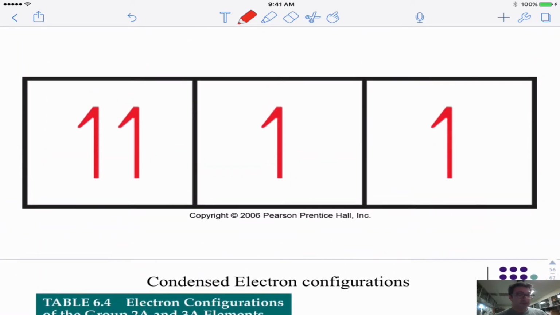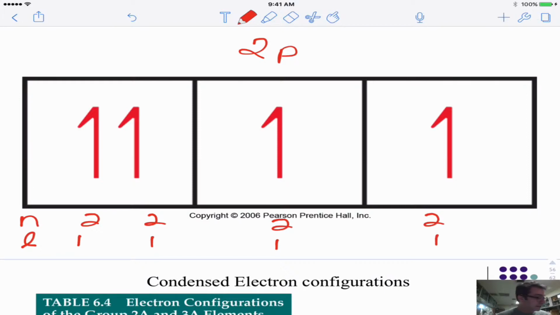And that has to do with the idea that no 2 electrons can have the same 4 quantum numbers. If we make this 2p, that would make n for each of these electrons 2. If we do L, that would be p, so each one of these would be 1. If I did ML, each of these electrons would be in its own orbital.